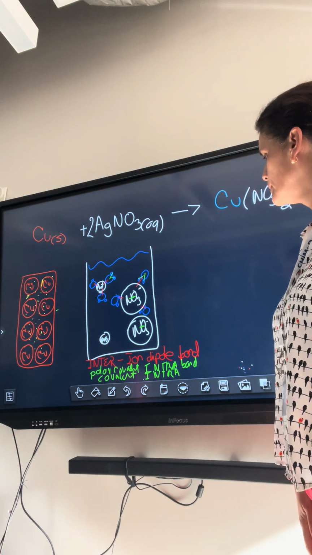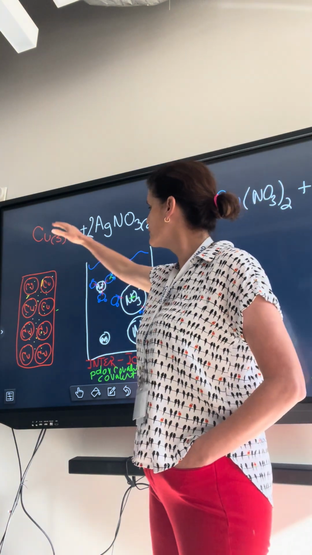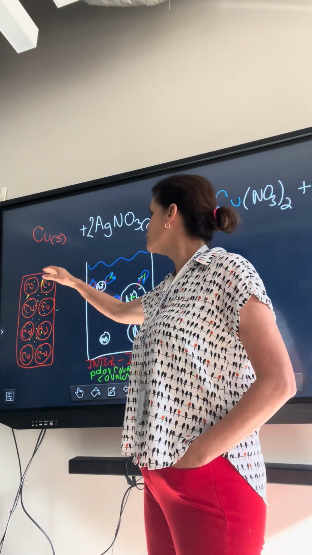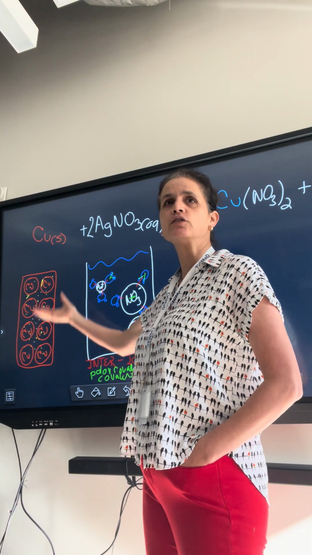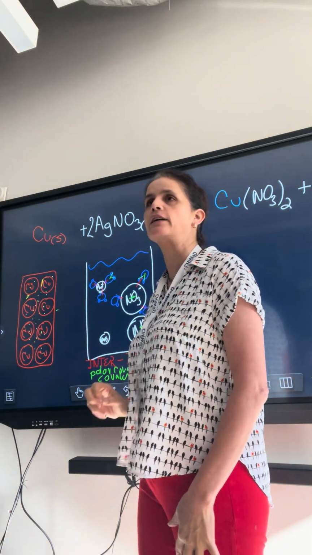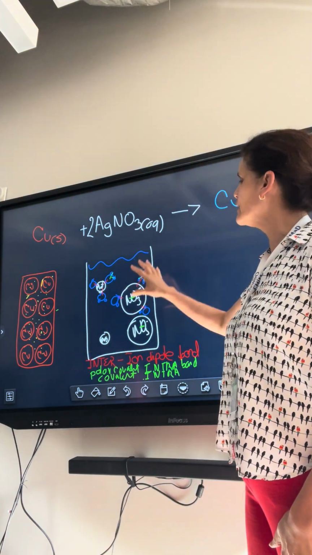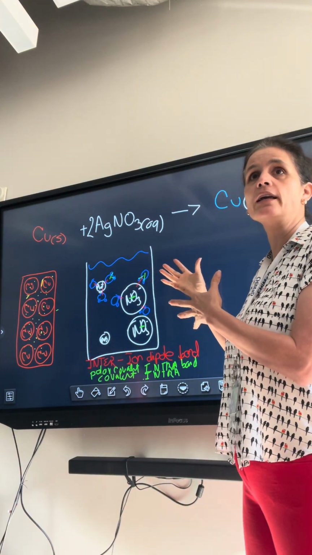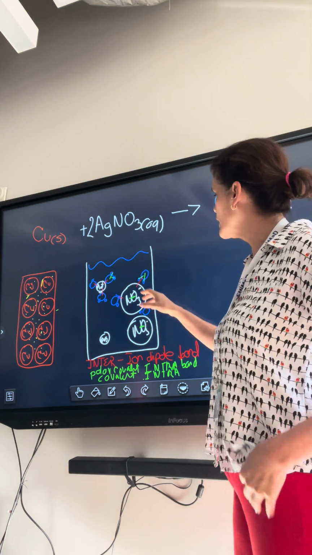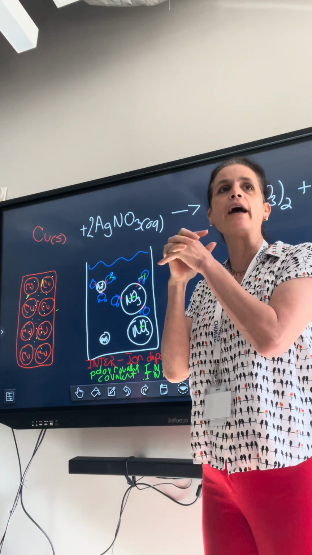Now, let's do a little recap. We have copper, it's a metal. You have a crystal lattice, organized, big atoms, positive nucleus, sea of electrons, right? We have silver nitrate, it's a solution, right? We have silver and nitrate ions all swimming around, not together.